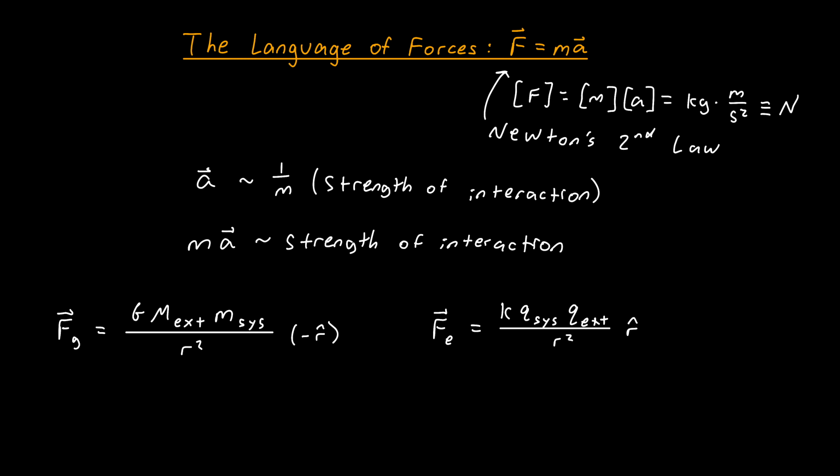Anyway, that was a bit of a long tangent, but let's get back to the main point of this story here. If you're given the laws of physics in this form, meaning you know the forces corresponding to various interactions rather than the accelerations themselves, the only thing that changes is that in order to calculate the acceleration of your system, which is simply the sum of all of the acceleration vectors corresponding to each interaction that your system is undergoing, what you have to do now is recognize that each of those individual accelerations is actually just a force vector divided by the mass of your system.